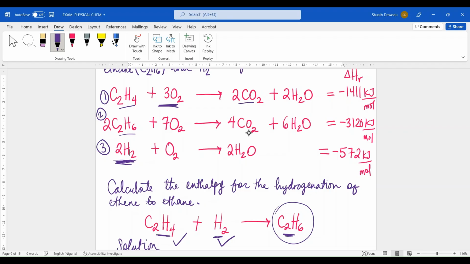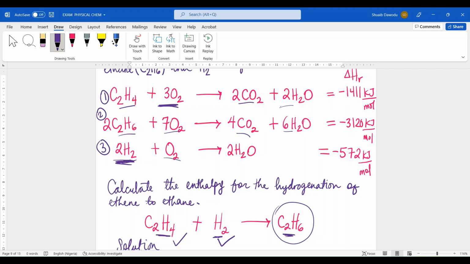So you have CO2 in equation one, CO2 in equation two, and then you have O2 in equation one, O2 in equation two, O2 in equation three, and then in equation one and two you have H2O and H2O. Whenever you have multiple of the same type of molecule in a Hess's law question, don't overthink it. Just know that it's going to cancel out at some point, or be added up together in the final reaction.